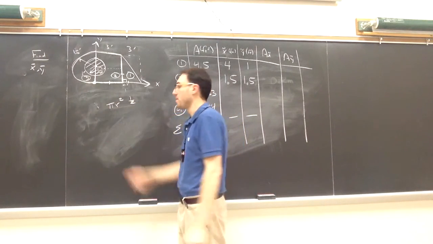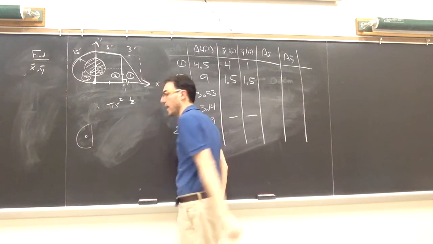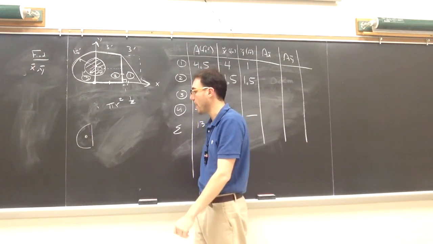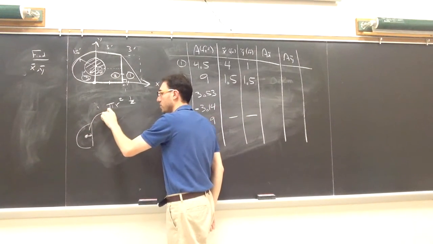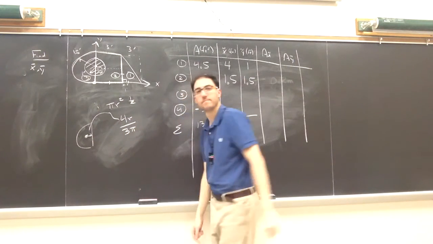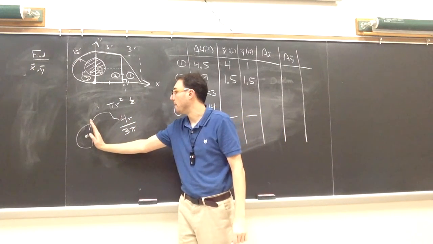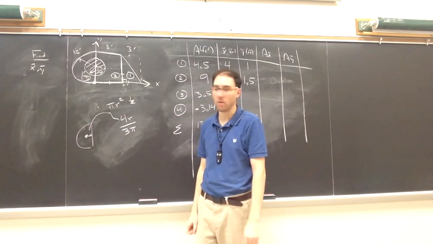For shape 3, this one's just going to be a little bit trickier. Its centroid is located generally there, but this distance from those charts is 4r over 3 pi, as measured from the diameter or the flat side of the semicircle.